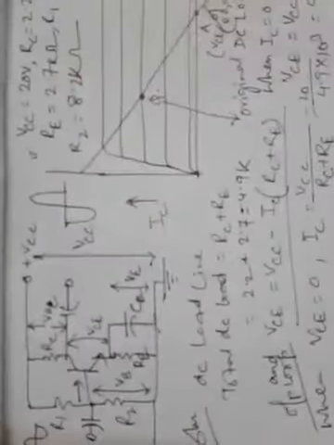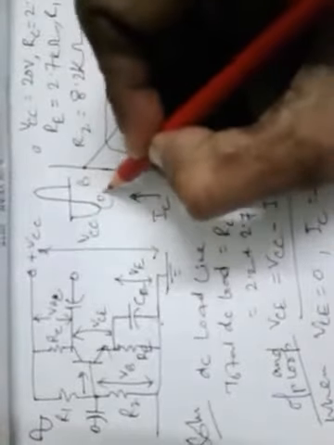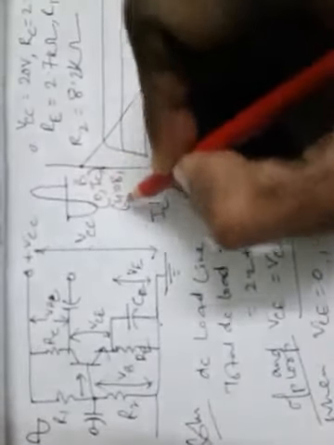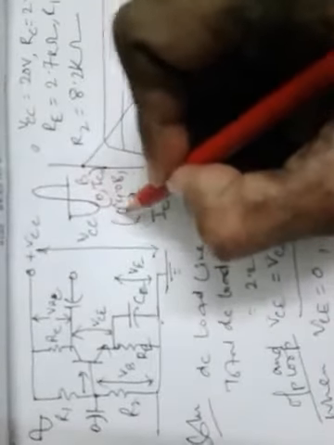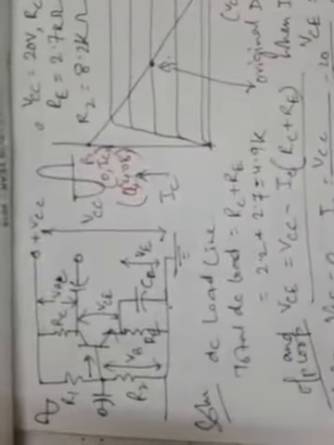So now this point B can be marked. This is point B. How much? 0 VCE, IC is 4.08 milliampere. In this way we can get the two points A and B. Now join these two points and you get the load line, called the DC load line. So the DC load line is passing through these two points A and B.